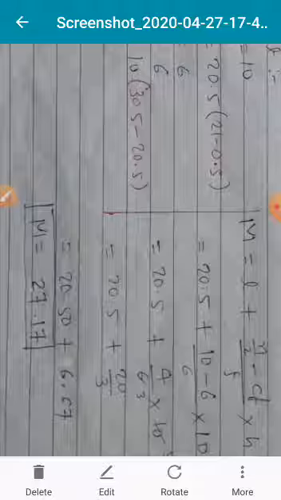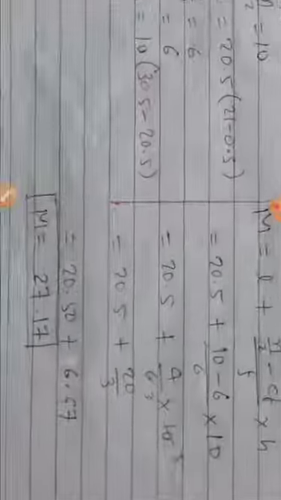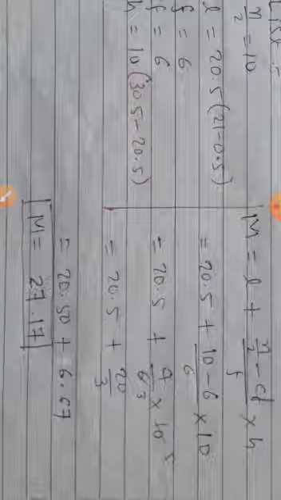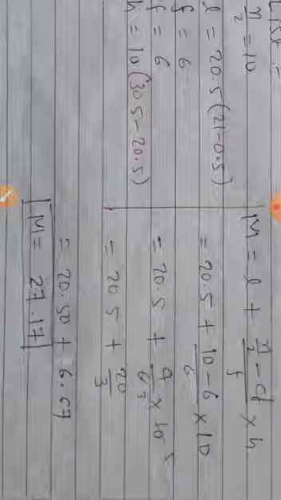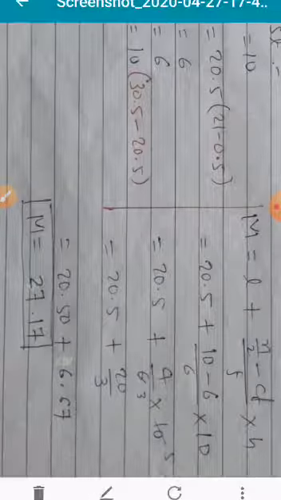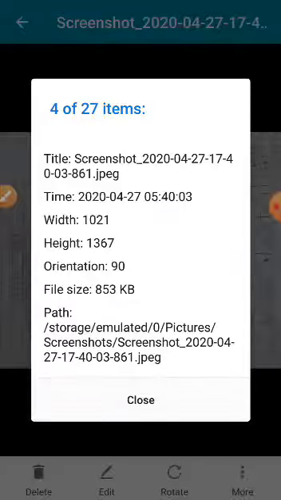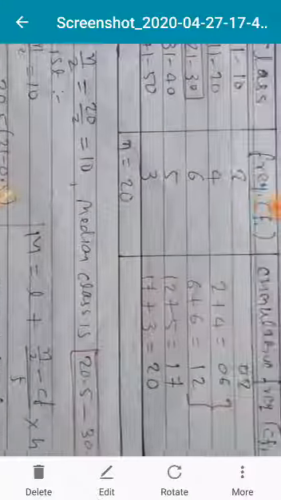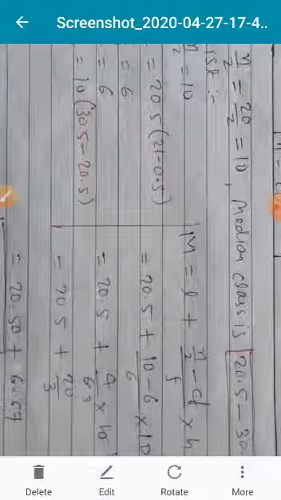So I have directly converted the second term into decimal, then added it to L. Here again I am reminding you that we never involve the first term in the calculation. Take the rest as it is since the second last step. So nothing is different, only that inclusive to exclusive conversion is new here. Otherwise everything is the same.